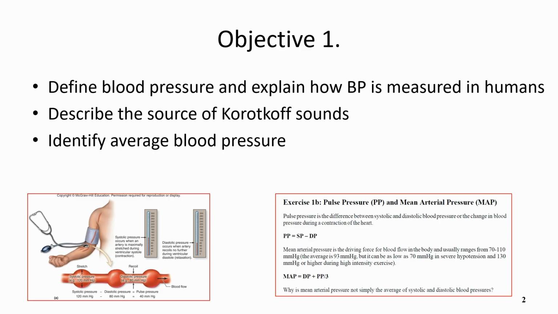And then describe the carotid cuff sounds, as well as identify what the average blood pressure is, the mean arterial pressure. And these two down here are screen grabs of your lab manual as well as the PowerPoint slides that are also uploaded together with this video.